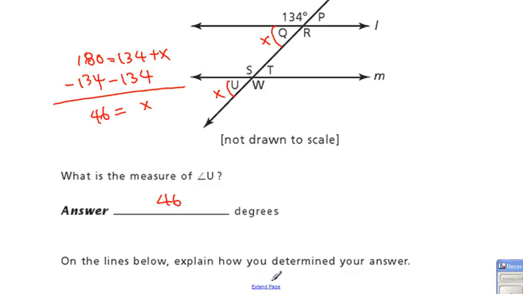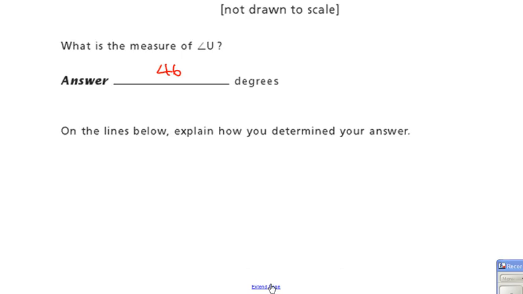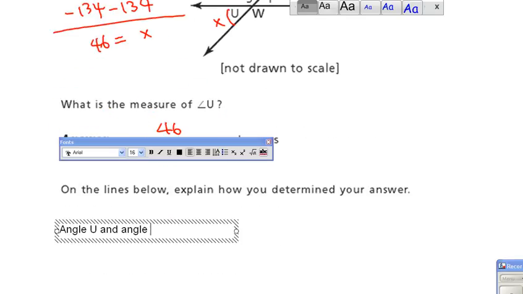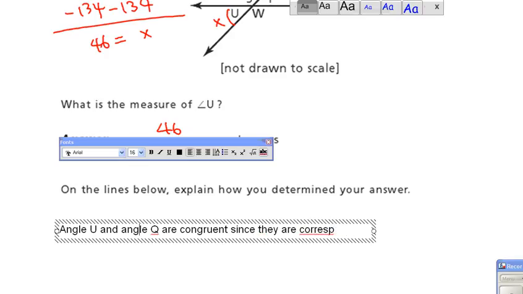How you would have determined your answer? It will be same as before. Angle U and angle Q are congruent since they are corresponding angles.